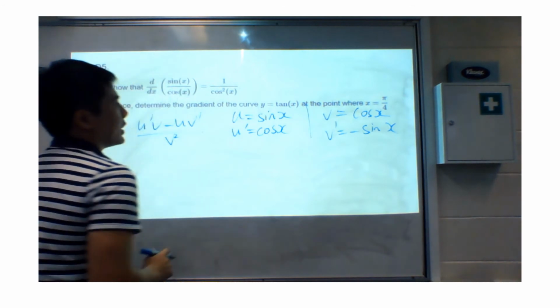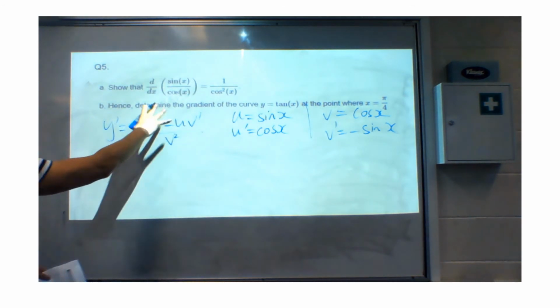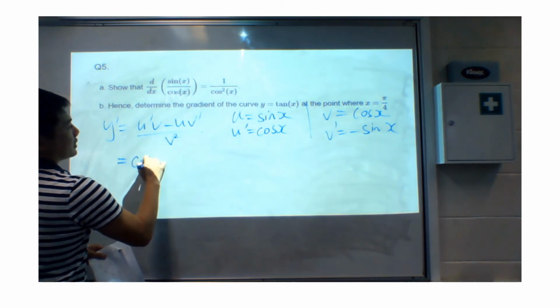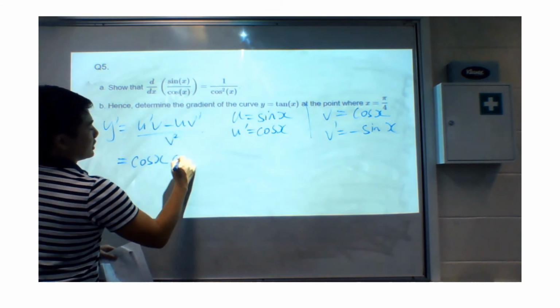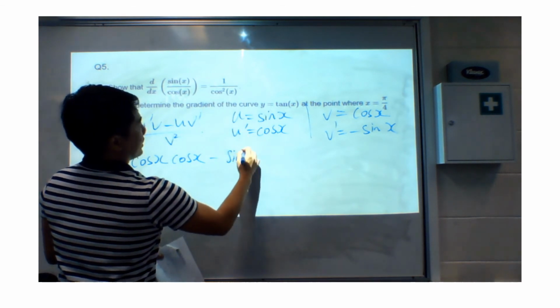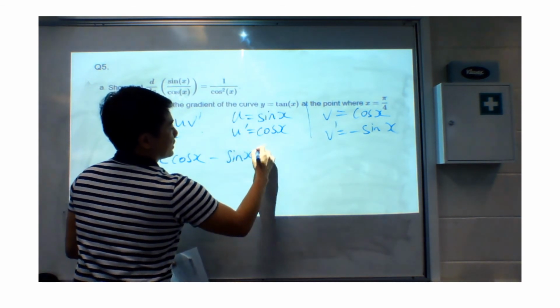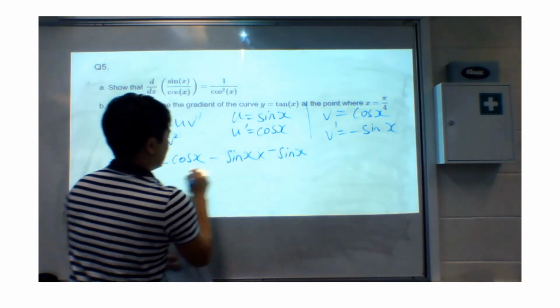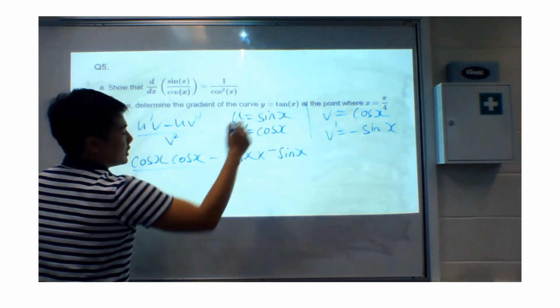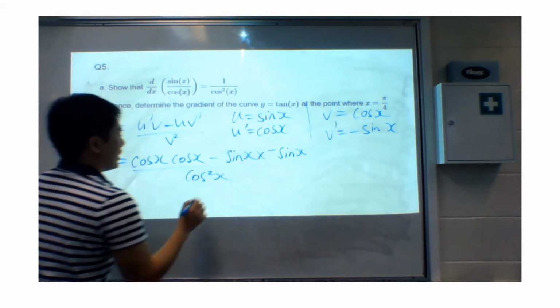We've got everything here. Now let's just put everything into the equation. So u dash is cos x, v is just cos x, take away u is sine x, v dash is negative sine x, over v squared, which is cos square x.